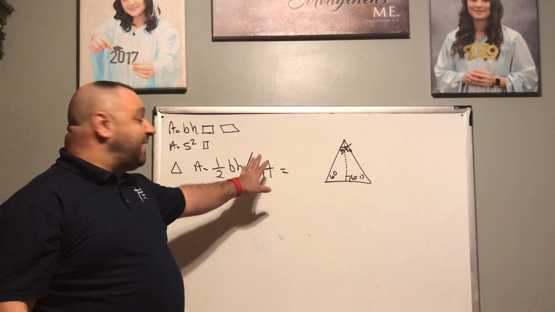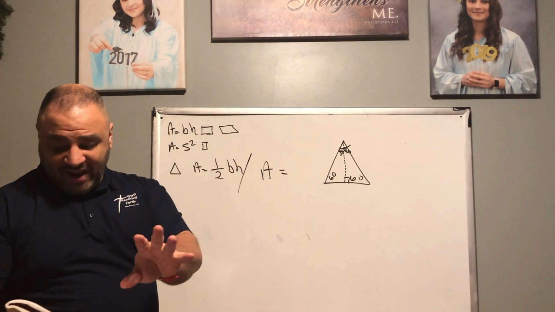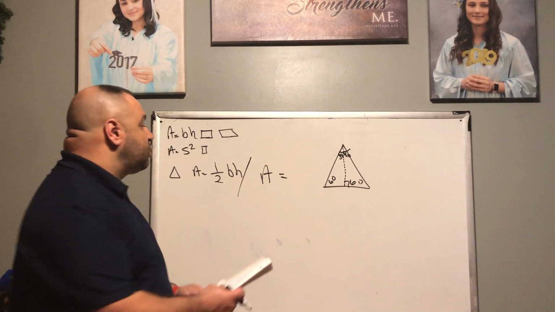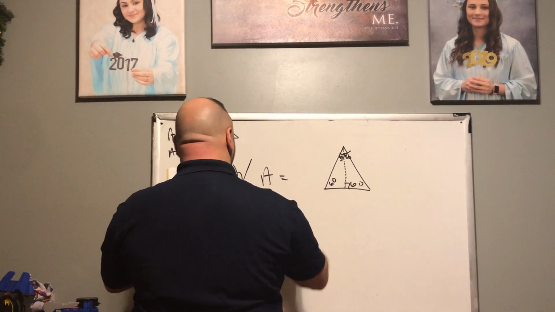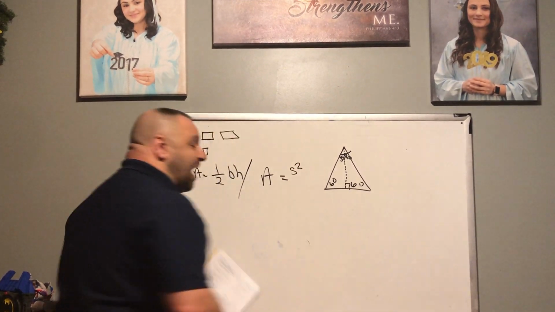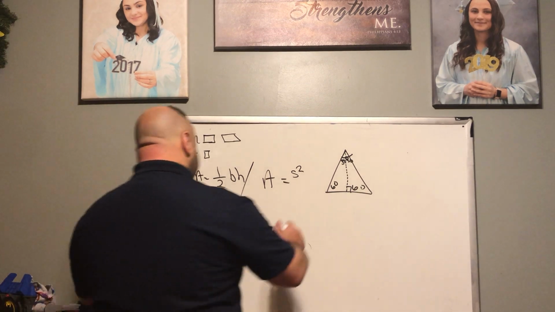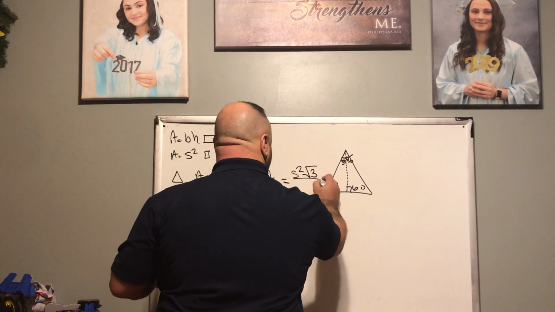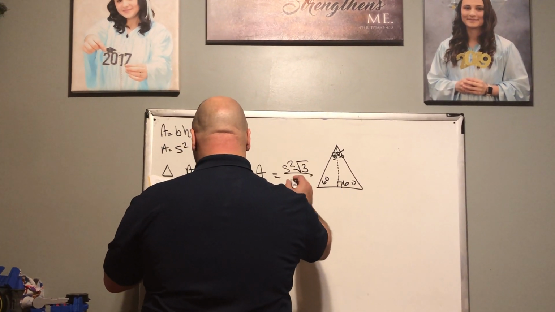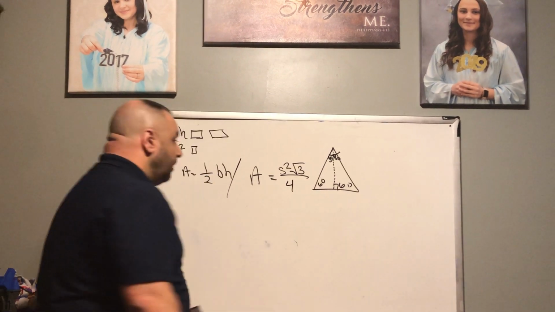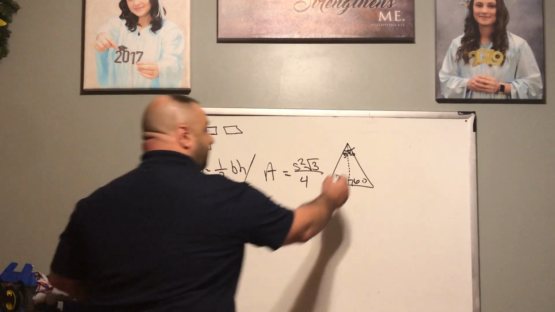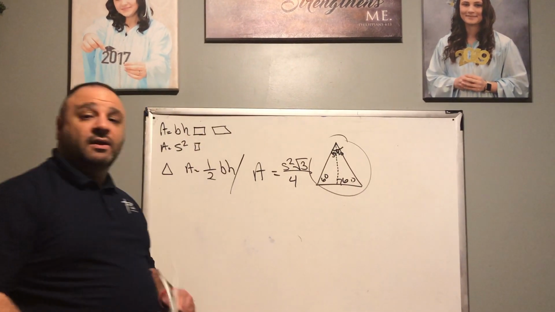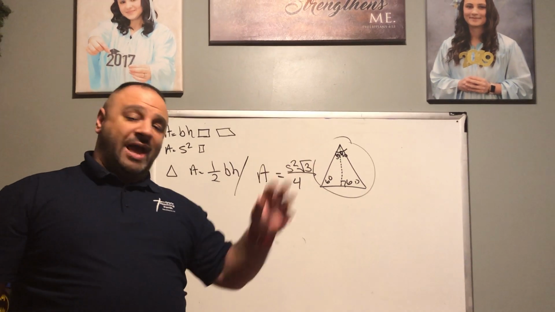So how do I find the area? Here's the formula. You'll find this on the bottom of page 11. The area is equal to S, side squared, times the square root of 3 over 4. That's if we have an equilateral or equiangular triangle.